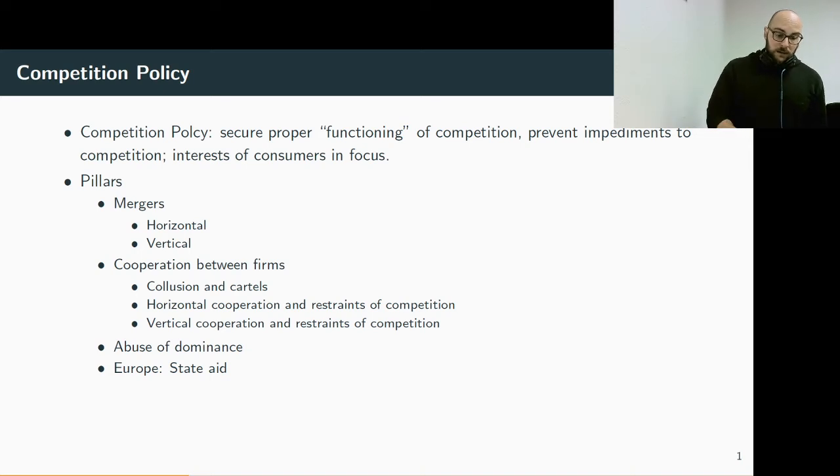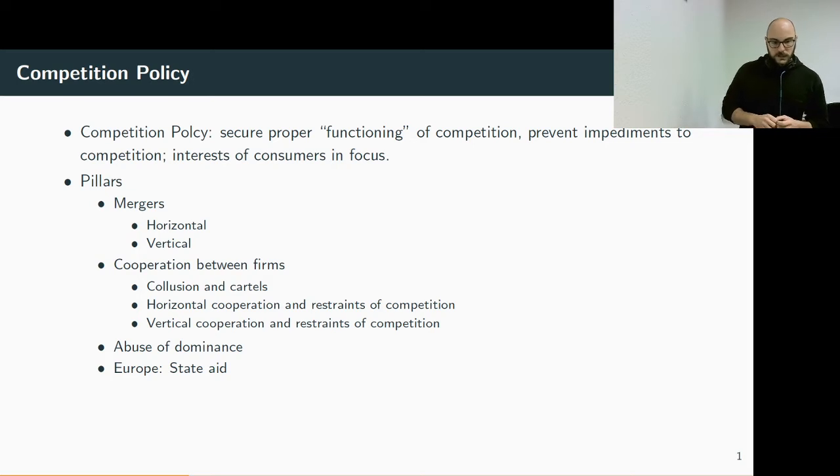Okay, besides collusion and cartels, we have horizontal cooperation and horizontal restraints to competition, and the latter are very closely related to collusion and cartels. However, horizontal cooperation could be beneficial in some instances, right? It could be that firms in the same tier of the supply chain cooperate without harming the consumers.